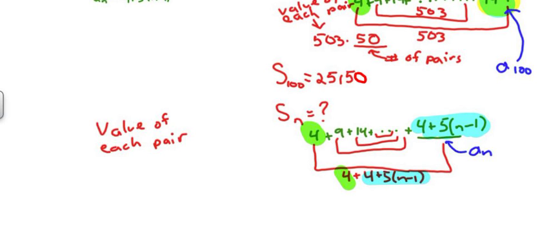We don't like that. It looks ugly, but that's what it is. We can simplify it a little bit. I'm going to go ahead and add the two 4's together. 4 plus 4 is 8. That leaves me with 8 plus 5 times n minus 1. We could simplify further, but we don't have to. We can just leave it as is.